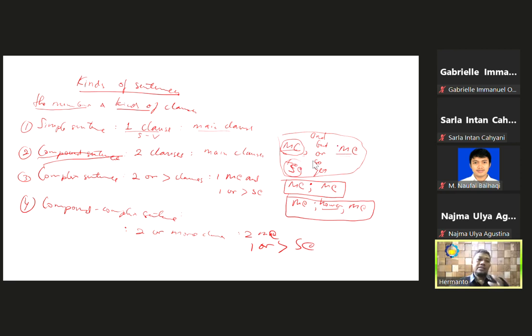So those are the different kinds of sentences based on how many clauses and what kind of clauses: maybe only one main clause, maybe two main clauses, maybe a main clause and subclause, and maybe two main clauses plus a subclause, which becomes a compound-complex sentence. For a detailed explanation, please check the video.